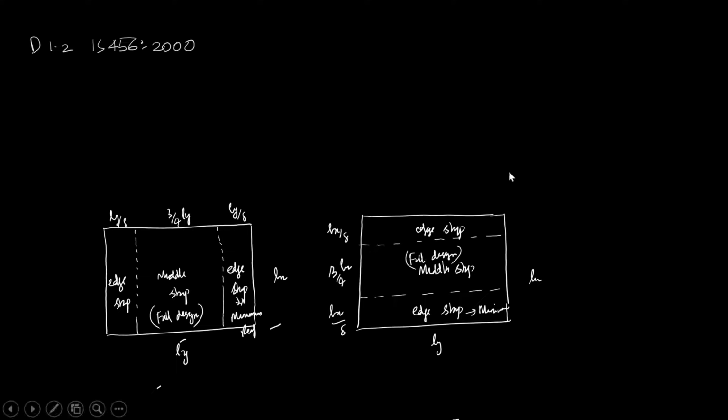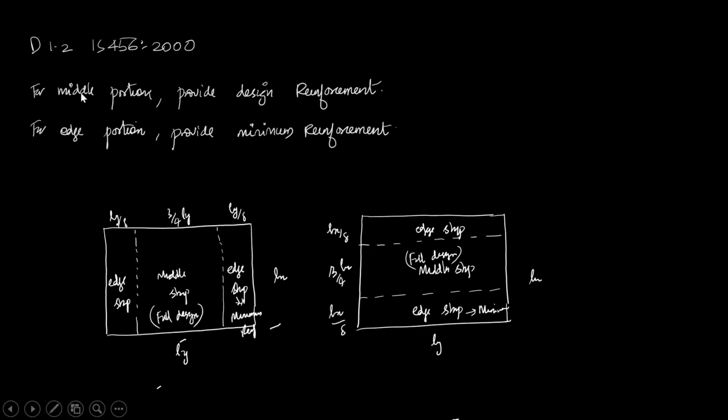So at the middle strip provide the design reinforcement, and at the edge portion we will provide the minimum reinforcement. If it is HYSD bars, we will provide 0.12%, and if it is MS bar, we will provide 0.15% of bD at the edge strip and middle strip respectively.